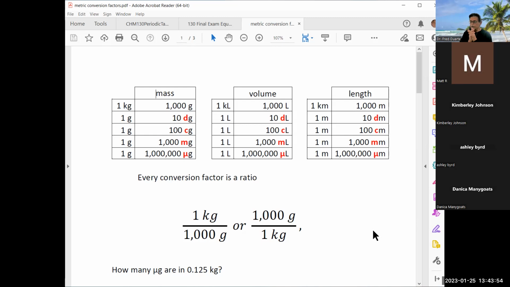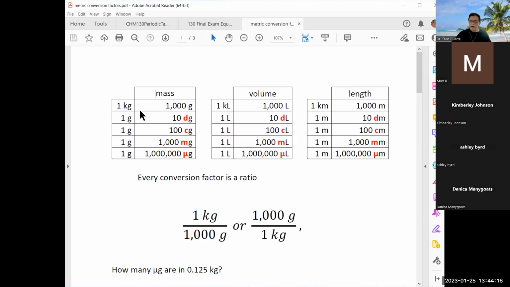Now, we have 3 units that we utilize: for mass, for volume, and for length, okay? For mass, our standard unit is g for grams, okay? For volume, it's capital L for liters, okay? And for length, we use m for meters.